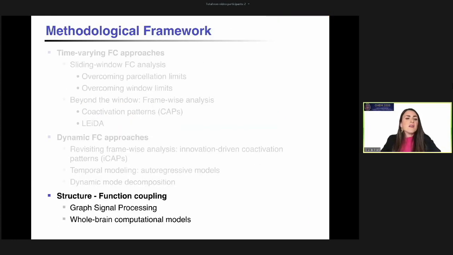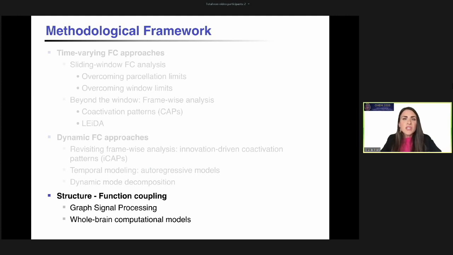Then last, I would like to mention, as I said, a line of research that I think is very important and promising for the future, and it aims at integrating the structure in the analysis of functional dynamics.